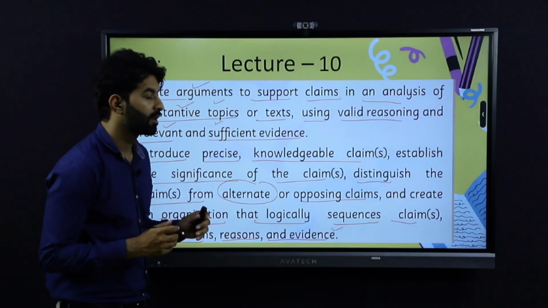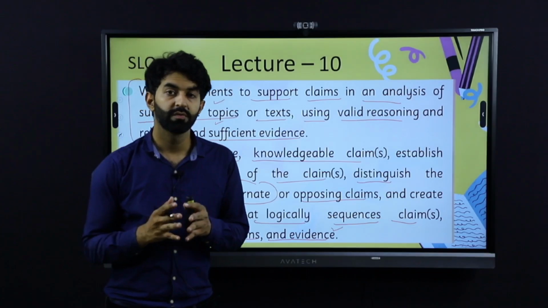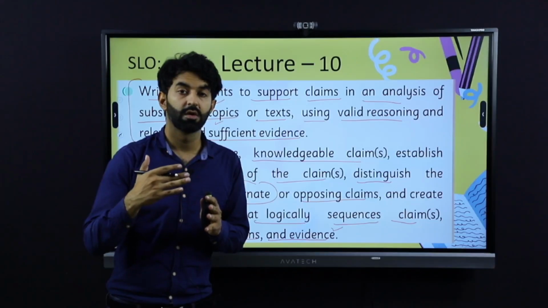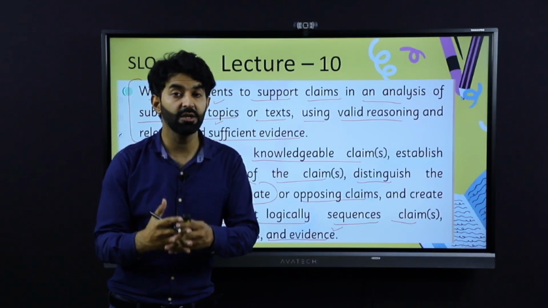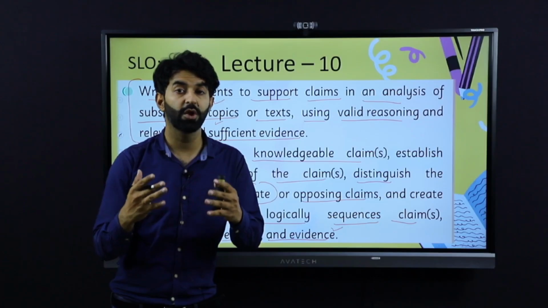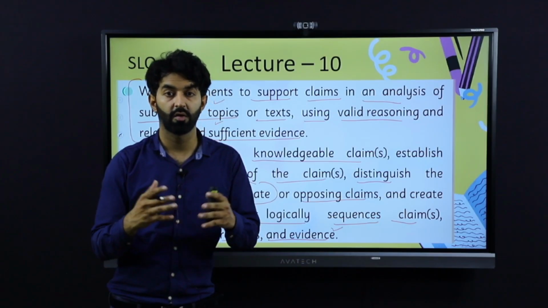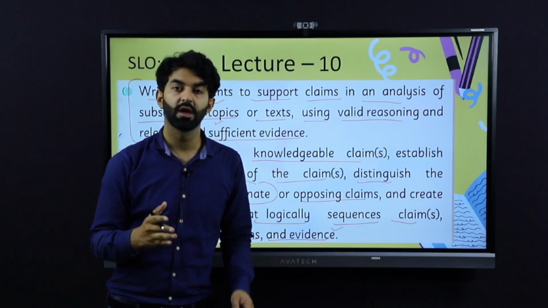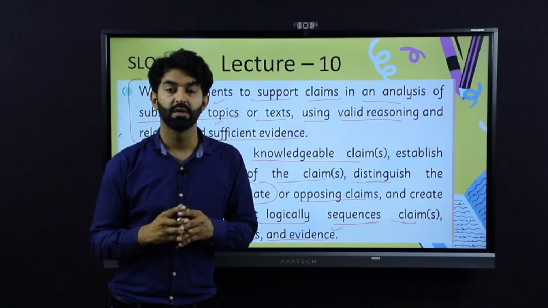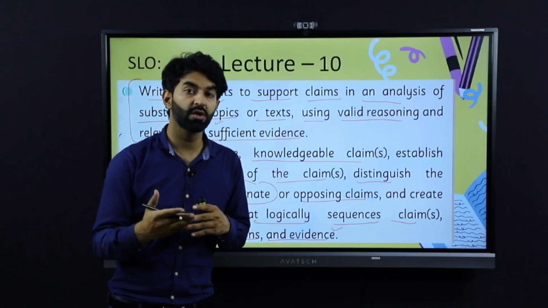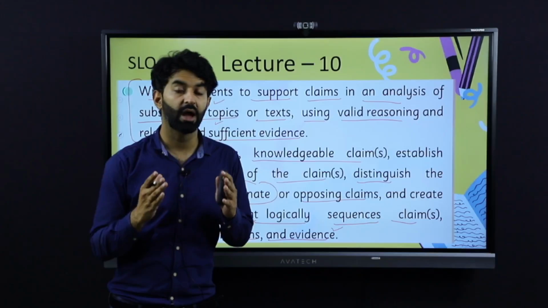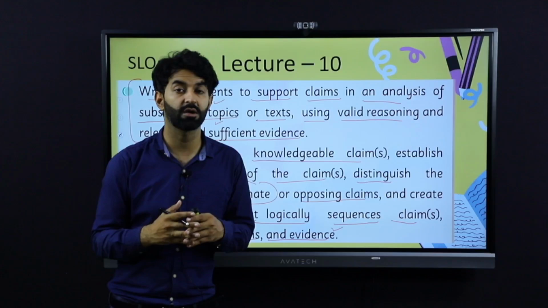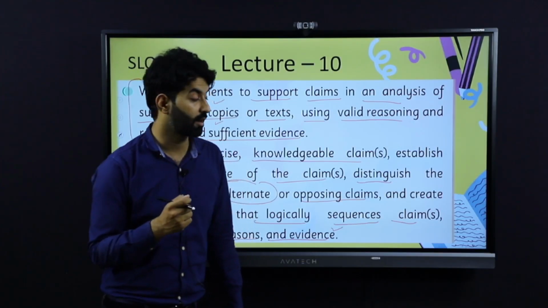Now, you know that if you're writing something, if you're writing to give your perspective on any topic, whether it's political or social or of any nature, you need to come up with some evidences, and we will teach you in this lecture how you can do the arguments, the counter arguments, and how you can write your idea and your side of the story and your perspective effectively in your writing.